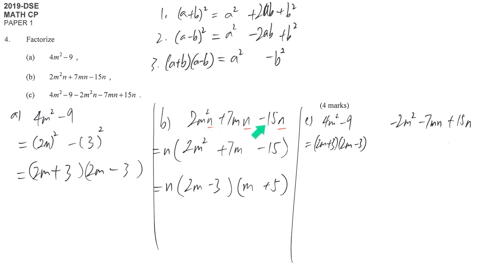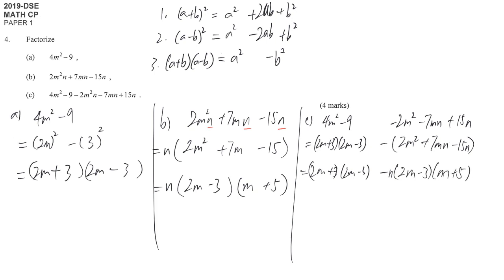Positive, positive, negative. But this sequence is negative, negative, positive. So we extract negative first. That's why this part is exactly the same as what we have in part B. That's why we can use the result in part B.